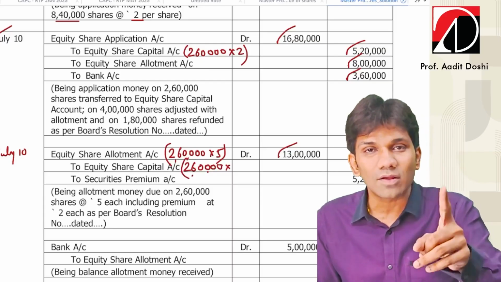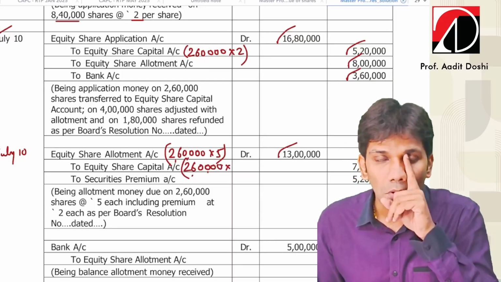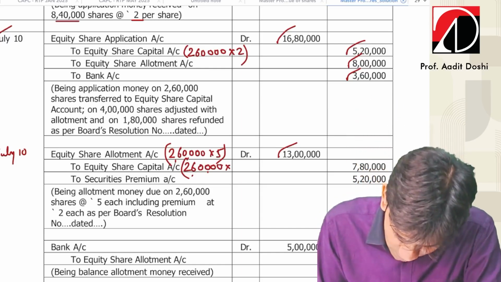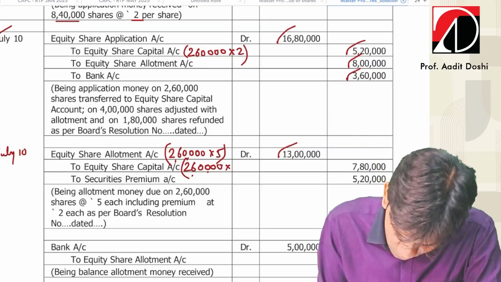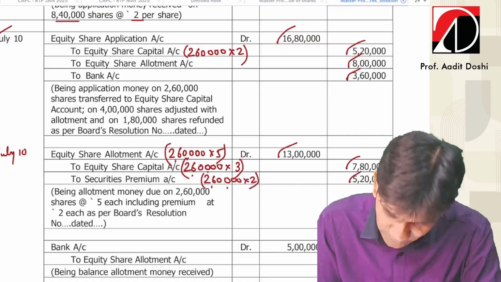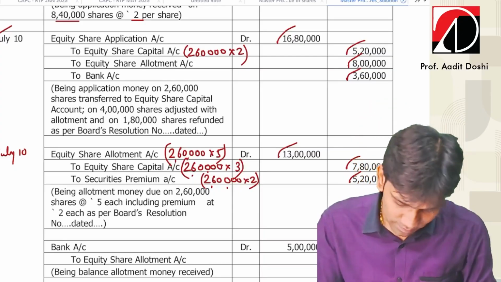Share capital debit or credit? Share capital should be debited or credited with face value. What is the face value right now? 5 is the total amount of allotment. What is the face value? 3 rupees. And premium 2,60,000 into 2. This is how it works. 7 lakh 80, 5 lakh 20, being allotment money due of rupees 5 on 2,60,000 shares including premium.